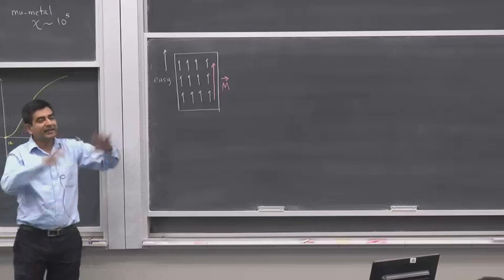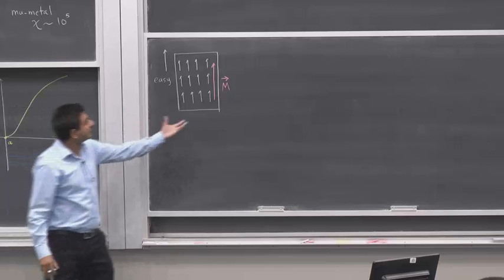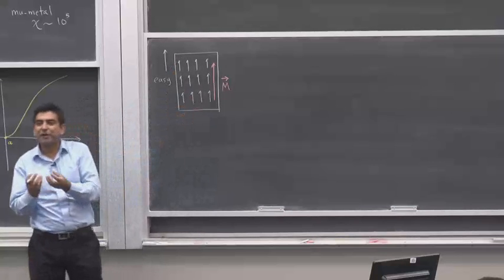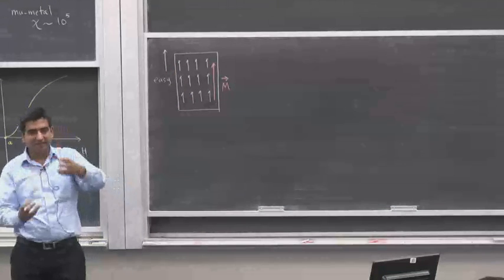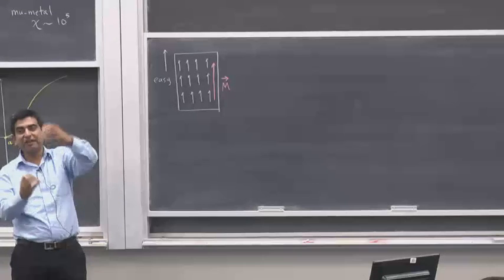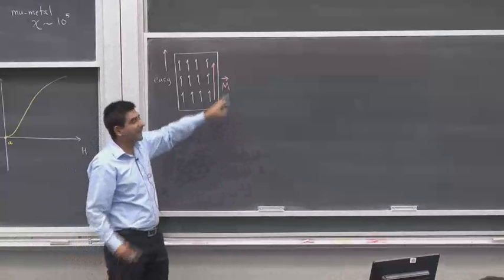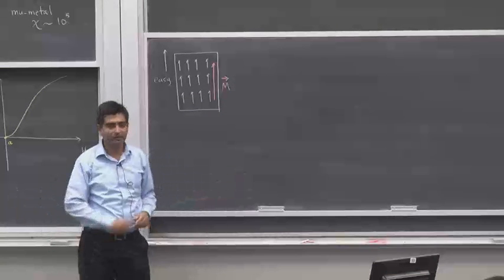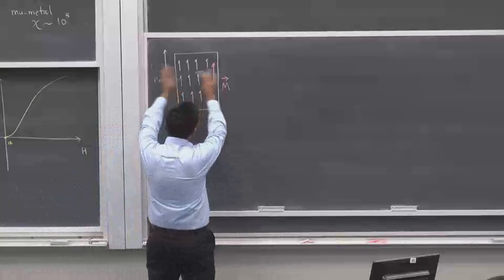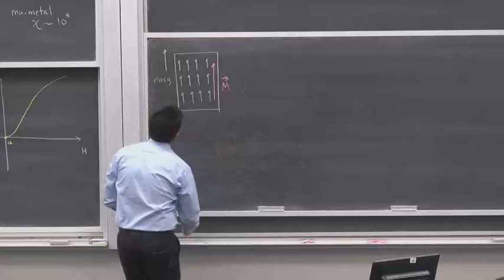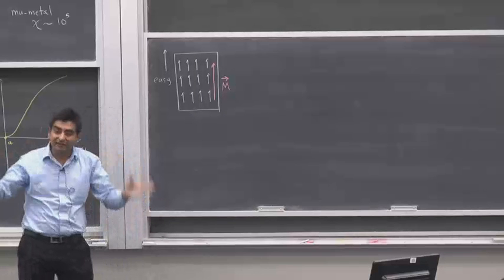Now let's look at the energy of this system. This piece of iron is going to act like a magnet. It has some magnetization, so it's going to act like a giant dipole whose magnetization is M and whose magnetic moment is M times this volume. If it acts like a magnet, it will produce a magnetic field.